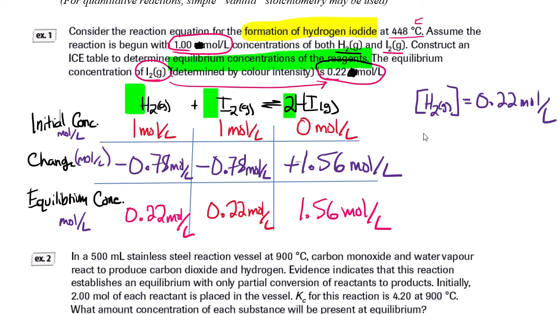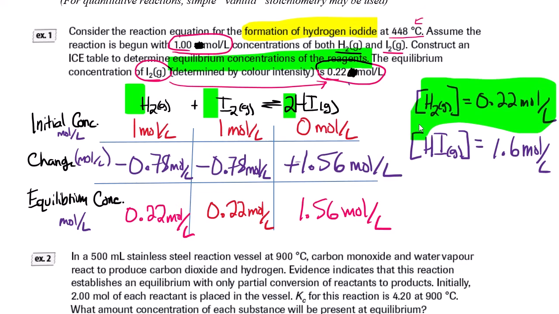And for my product, my hydrogen iodide, my equilibrium concentration is, we get 2 significant digits here, so 1.6 moles per liter. And these are my final answers.